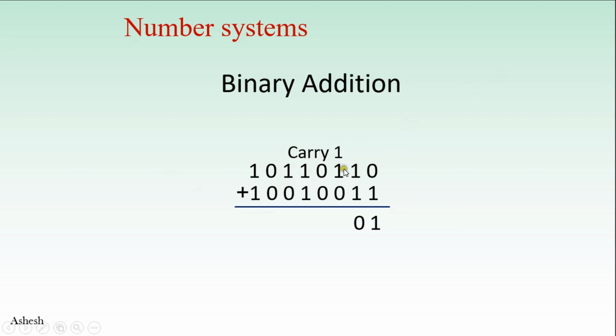Now 1 plus 0 is 1, and that 1 plus carry 1 is 10. Again we write 0 and carry in hand, and also we write down the carry in the left column. 0 plus 0 is 0, and 0 plus carry 1 is 1.